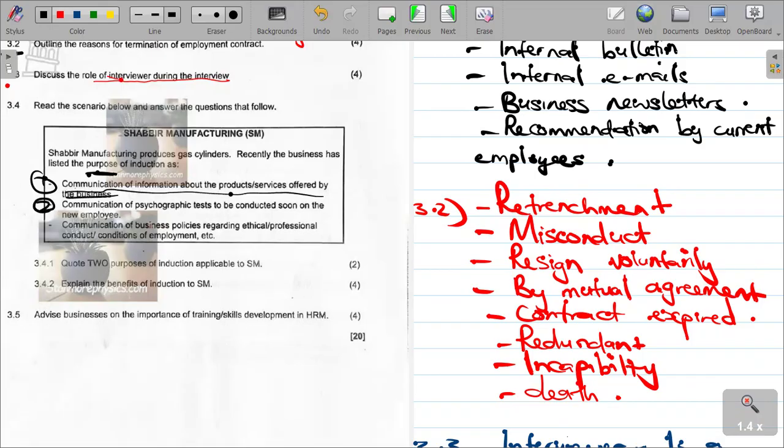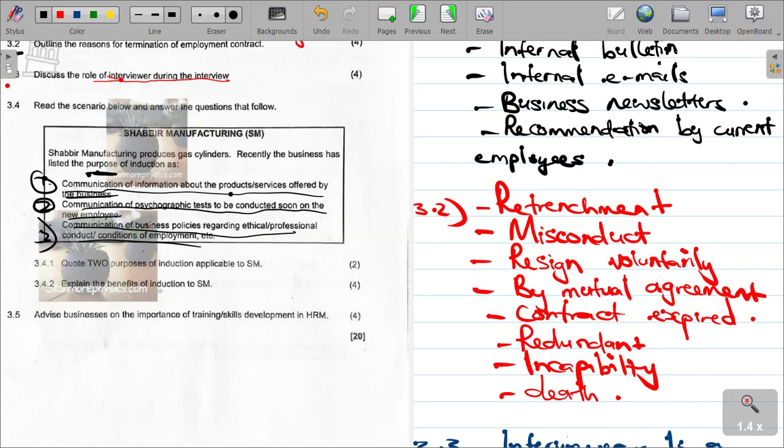Two, communication of psychographic test to be conducted soon on the new employee. That's also another purpose. Communication of business policies regarding ethical and professional conduct, conditions of employment, etc. So these are the purposes according to Shabir Manufacturing.